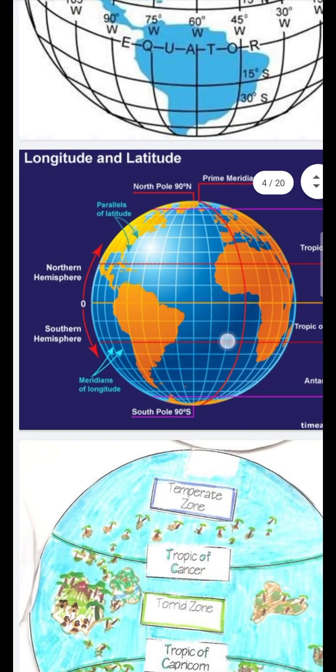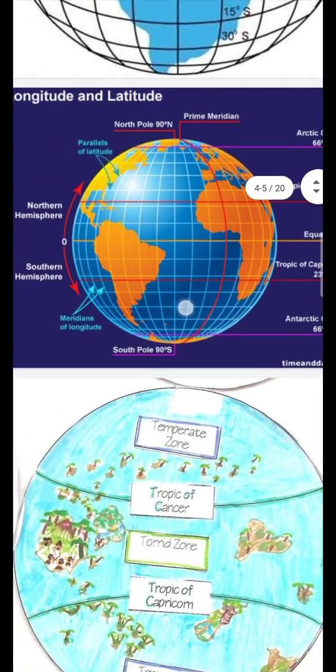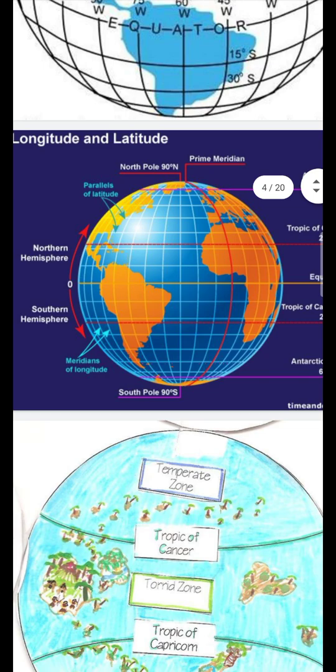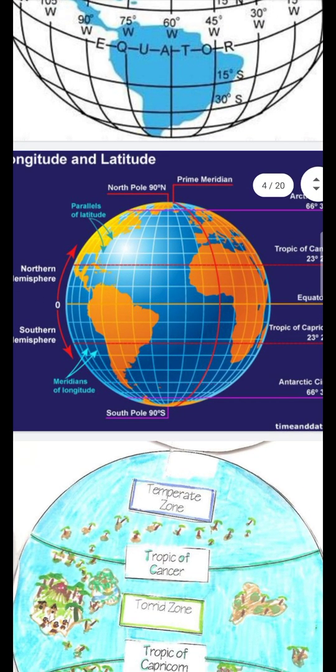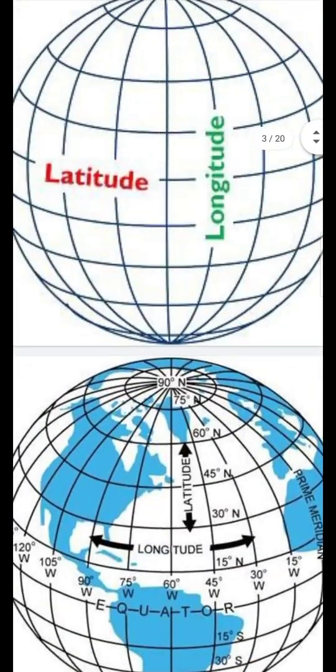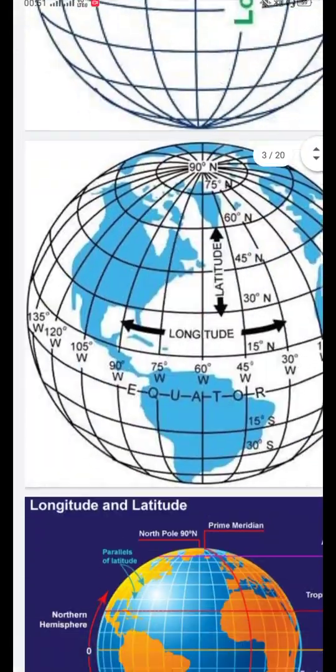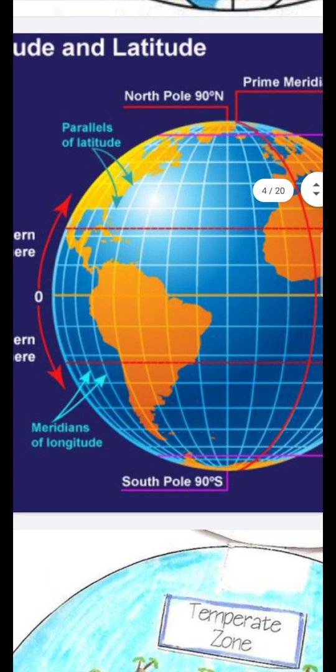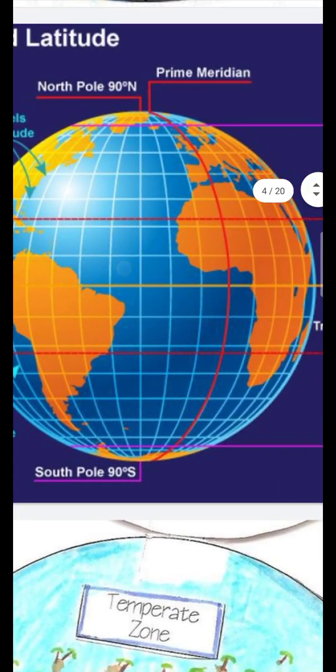This is some examples of longitude and latitude. The parallels of latitude, the horizontal lines, are also known as parallel latitude.